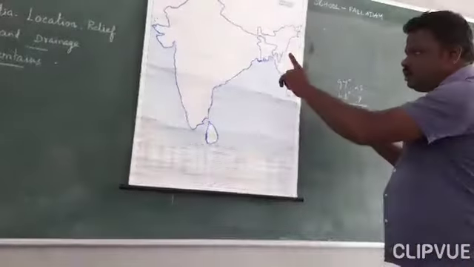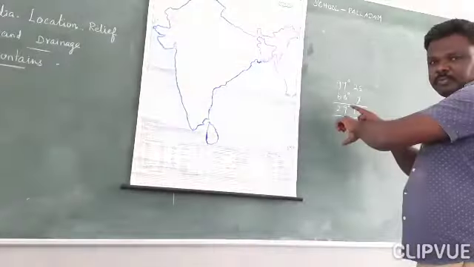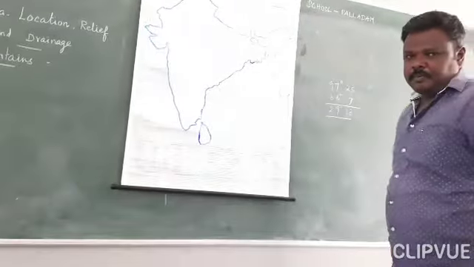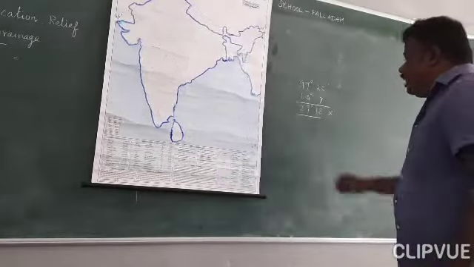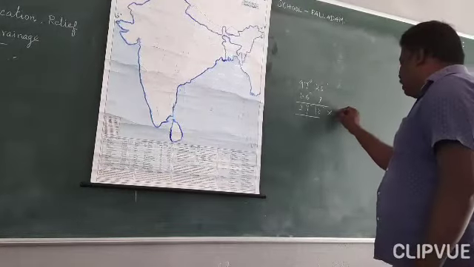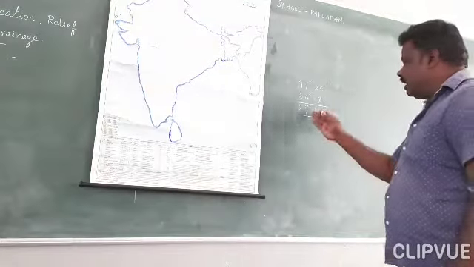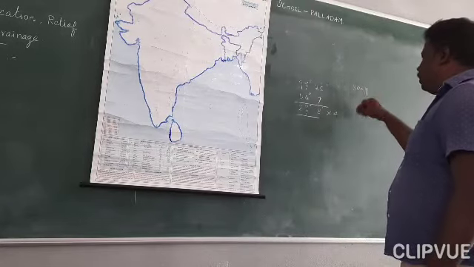You see, each one degree of longitude covers 4 minutes. So 29 degree 18 minutes into 4. Can you understand? You take it as approximately 30, 30 into 4.